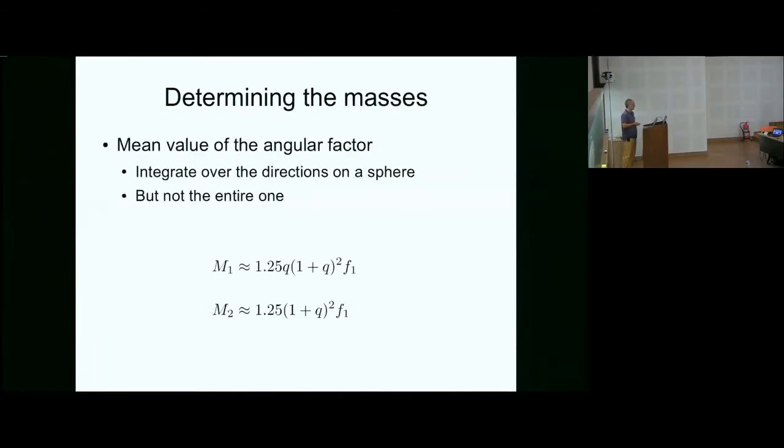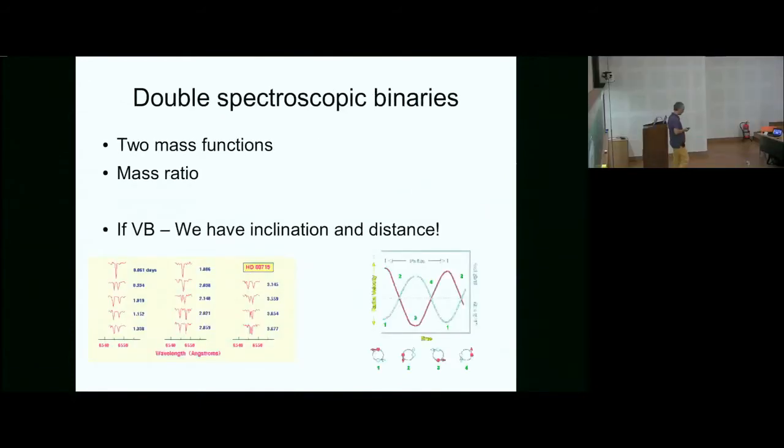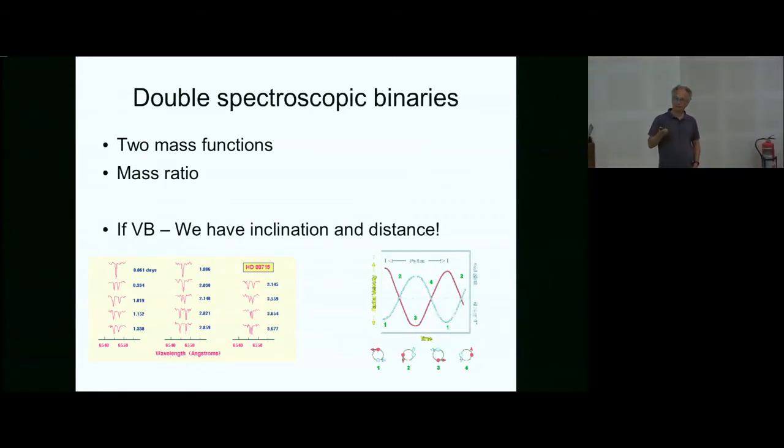Now, if we have double spectroscopic binaries, so that we see the variation of the line velocity from the two components, we have then two mass functions, and because we have two mass functions, we can take the ratio of the two mass functions, which will give us the mass ratio.